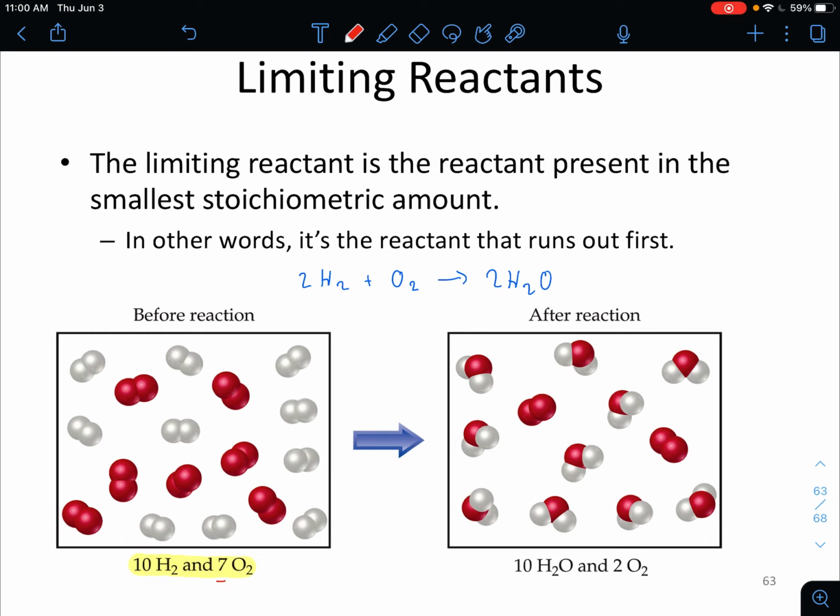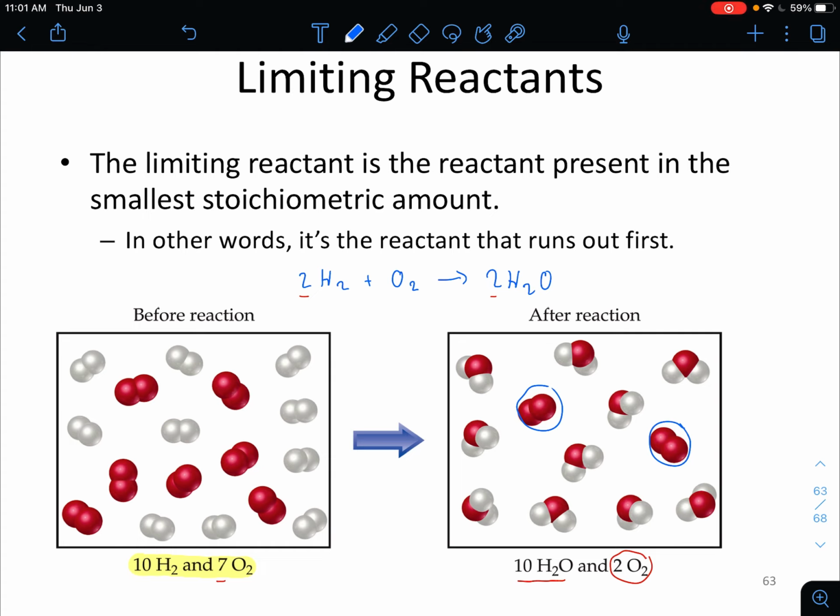Based on the balanced equation, it should make sense that I make 10 water molecules, right? It's a 1-to-1 ratio between H2 and H2O, or a 2-to-2 ratio. That consumes 5 oxygens, but that means that 2 of them are left. Here's one and here's the other, and the rest got converted into water.